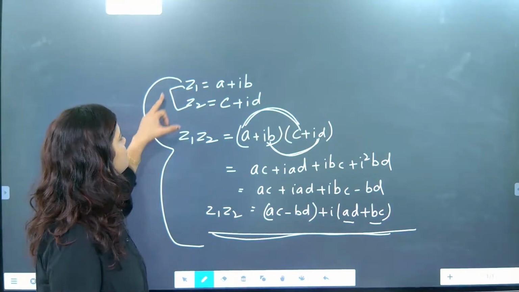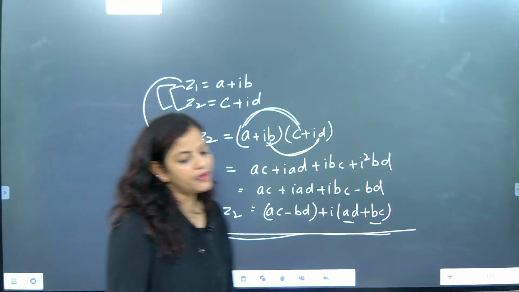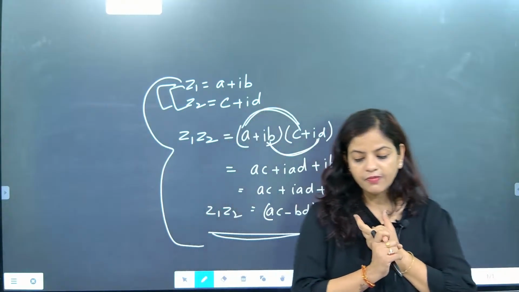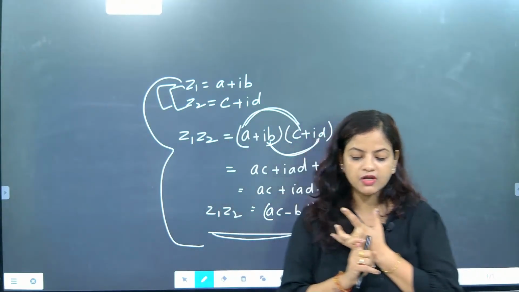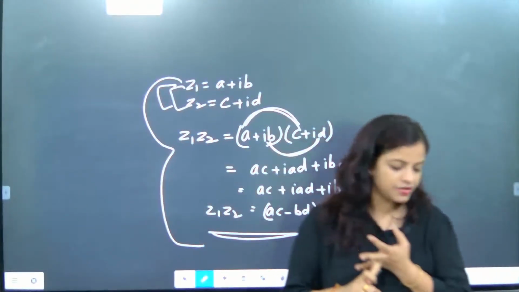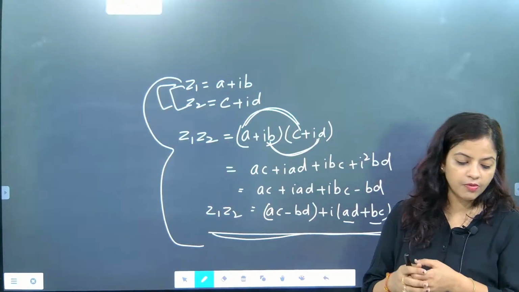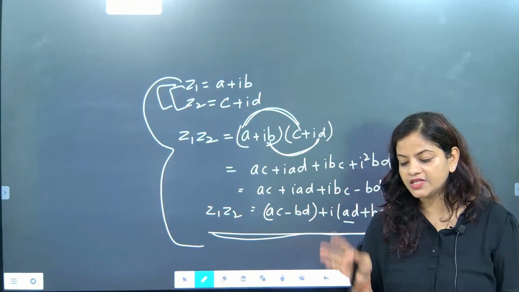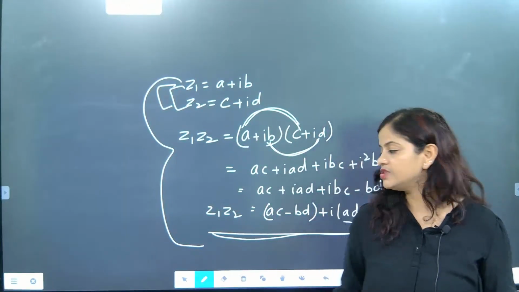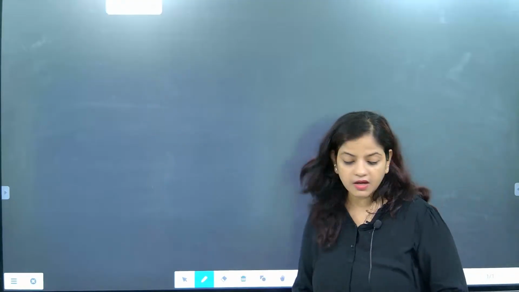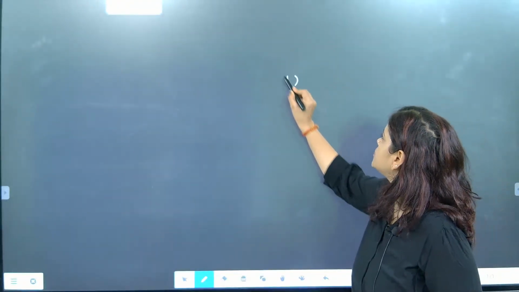This is exactly multiplication of two complex numbers. So we discussed conjugate, modulus, and multiplication. Now properties we are going to talk about for conjugate, because conjugate properties are important. Conjugate properties will come for exams also, and it is good to learn them.